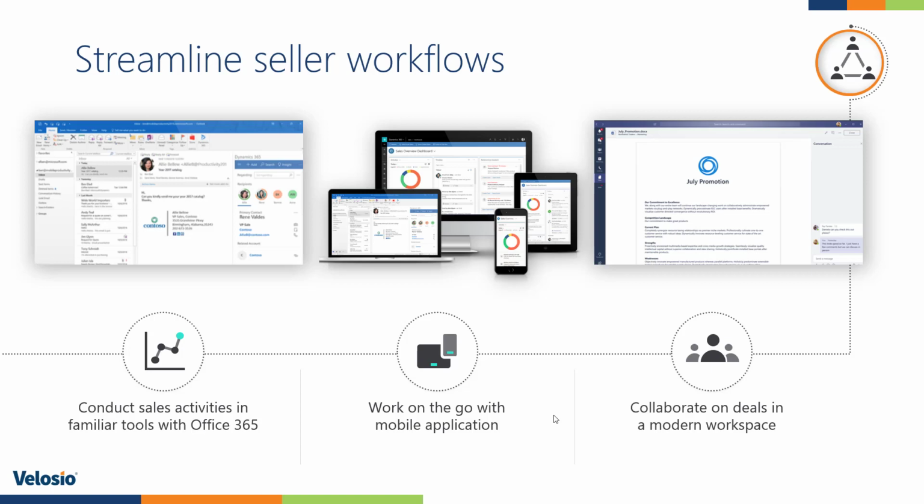And number three, with more and more people involved in sales deals, sellers need new ways to collaborate. Dynamics 365 helps sellers collaborate on sales documents and stay connected to conversations around those deals. You can even collaborate with customers or colleagues from other functions while maintaining complete control over the data.